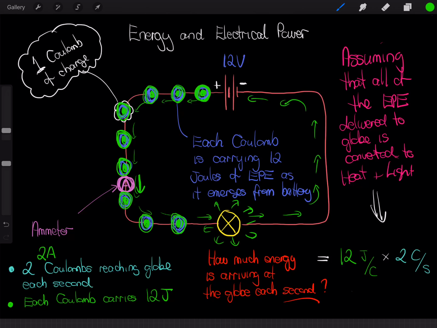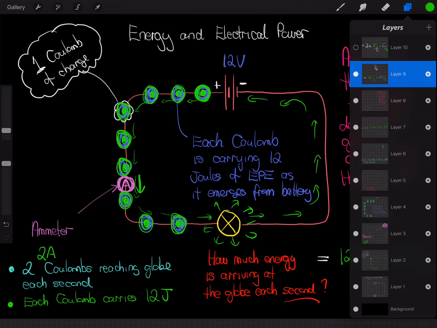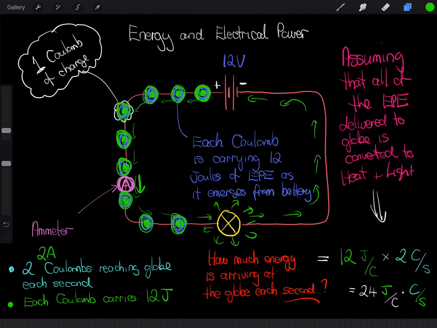So it's 12 times 2, which is 24 joules per coulomb times coulombs per second. The coulombs cancel out, so it gives us joules per second. So 24 joules of energy is being delivered to our globe every second.